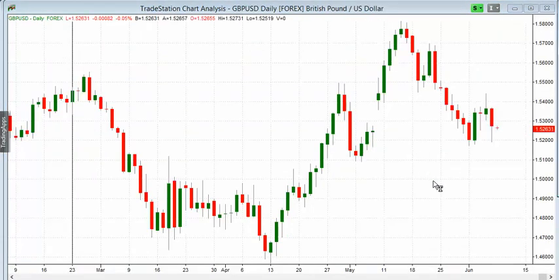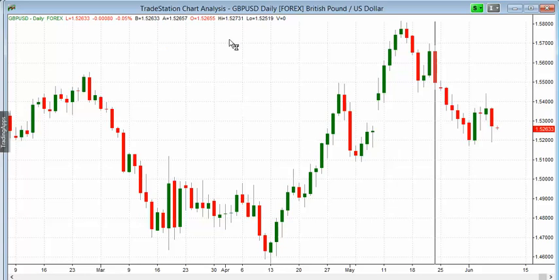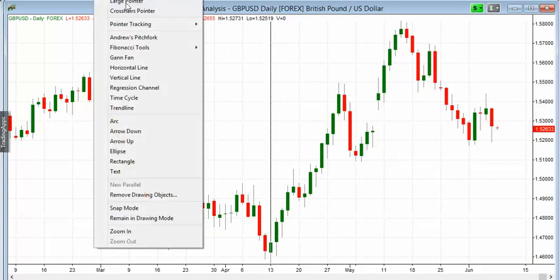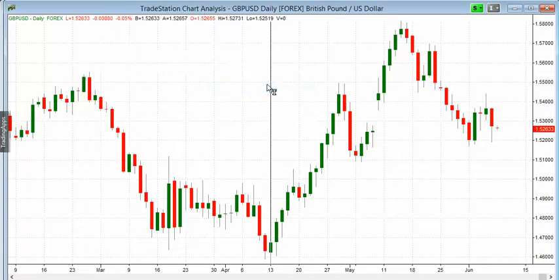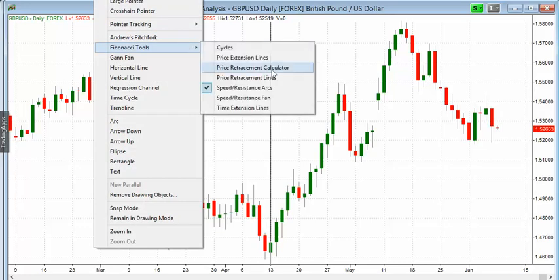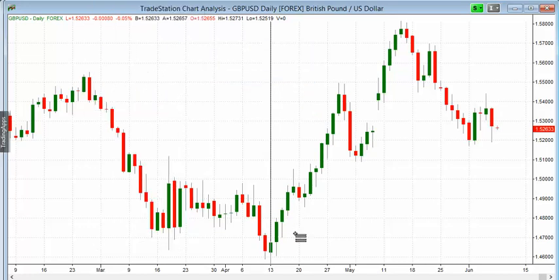Moving to the pound versus the US dollar, this market has been moving higher in a very technical fashion, moving in initial extensions.